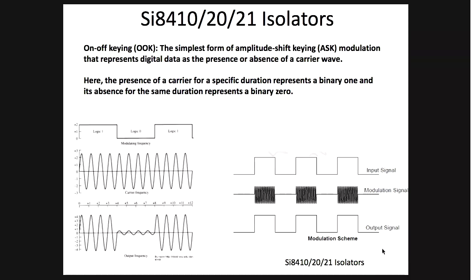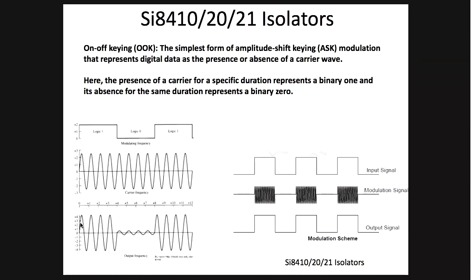But with on-off keying, this is the input signal, and here you are getting the signal, but here you don't get any signal because this is logic 0. Here again you are getting the carrier, here you don't get the carrier. But if you were doing frequency modulation, this area will have more frequency, this area will have low frequency. You know what I mean? But here it is not frequency modulation. Here we are using on-off keying.